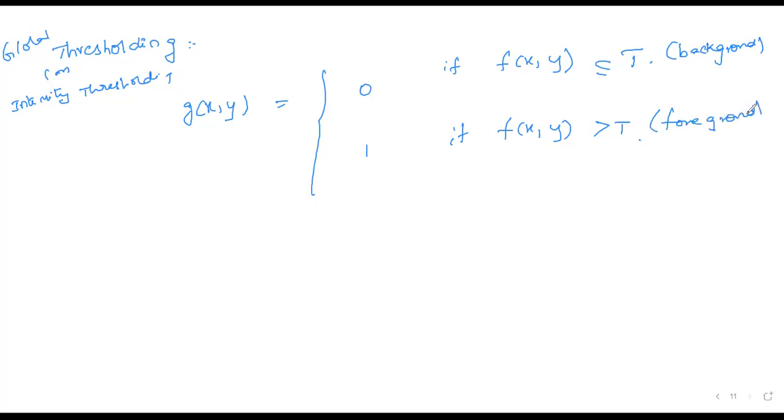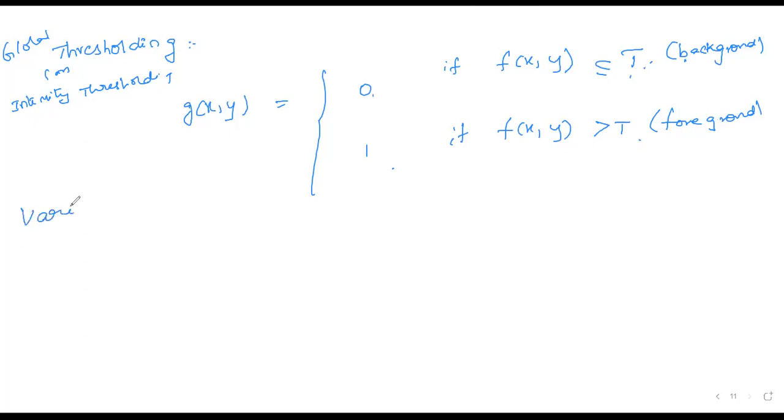Generally an image consists of foreground and background, so using thresholding we separate them. T is the threshold level applied on the entire image. If T is constant, we call it global thresholding.